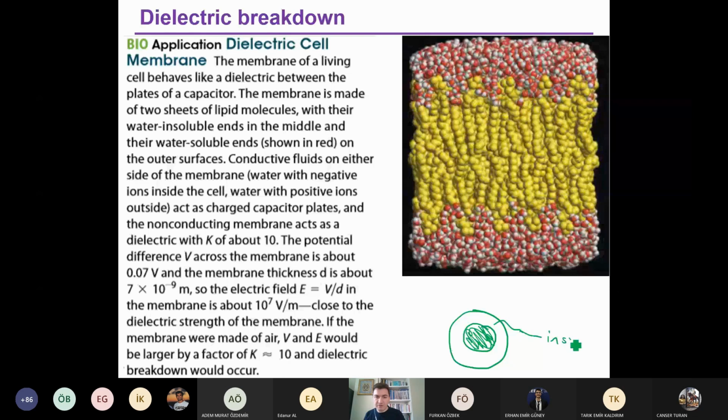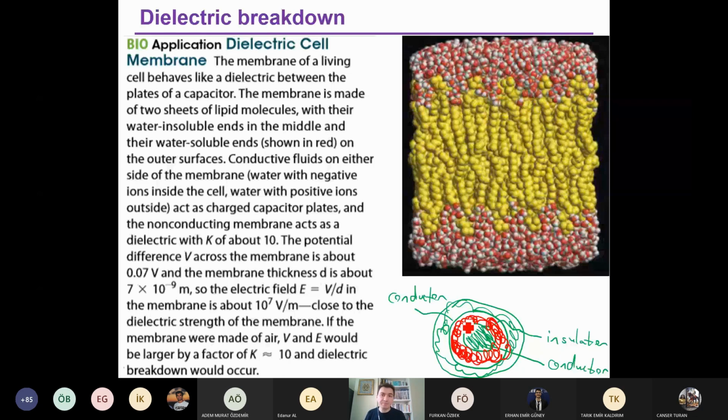And here outside of this insulating membrane, there is another conductor. And this membrane between two conductors is an insulator. This red part is an insulator. The membrane is a dielectric.